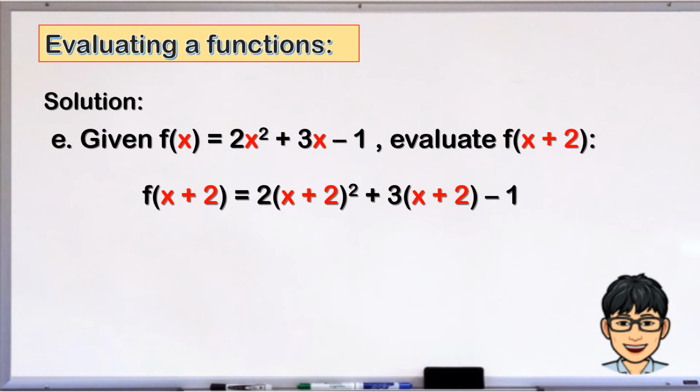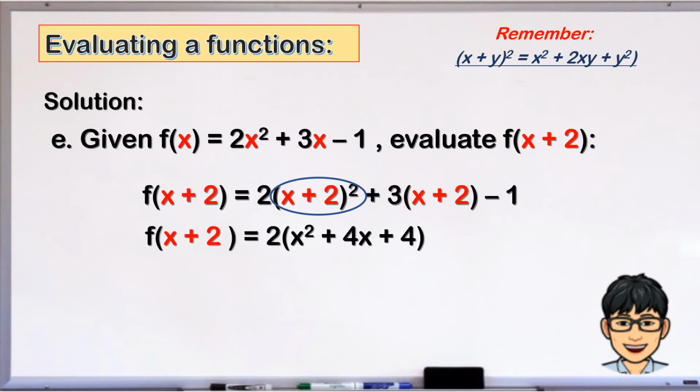So, to simplify this, gamitan uli natin ito ng special product. Okay? So, the quantity of x plus 2 squared is equal to x squared plus 4x plus 4. And then, times 2 sa labas.